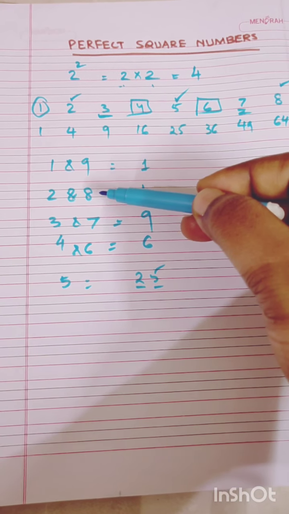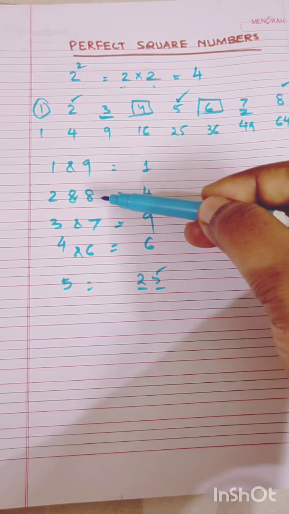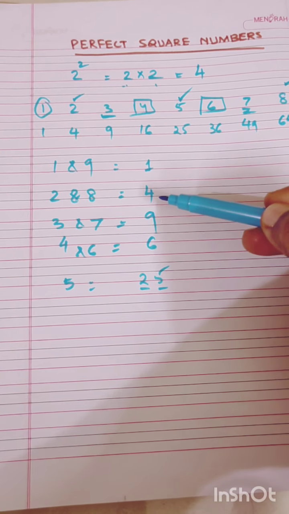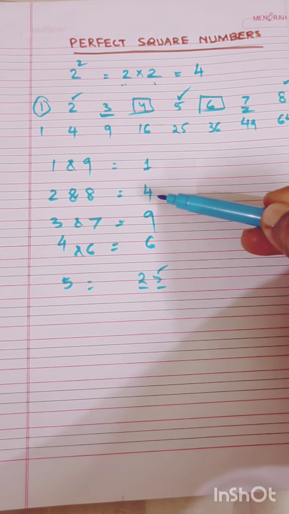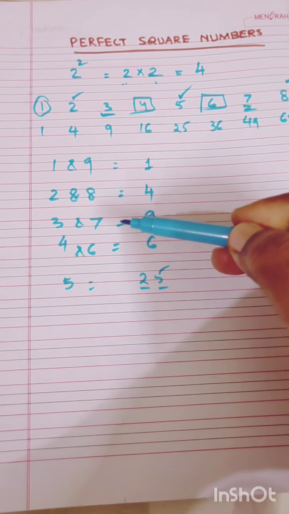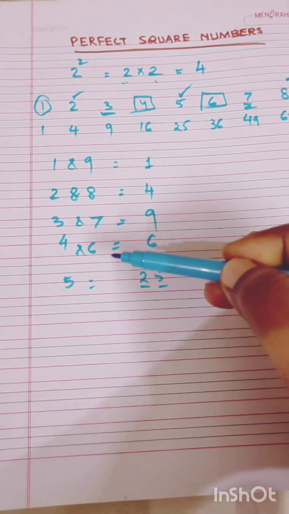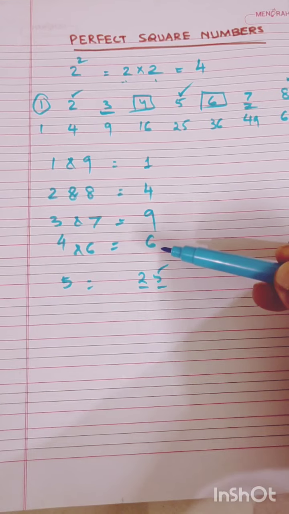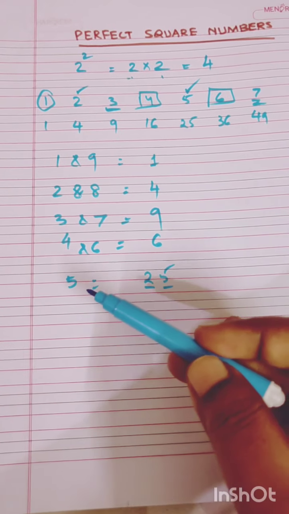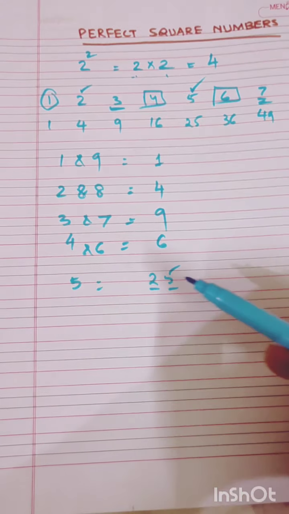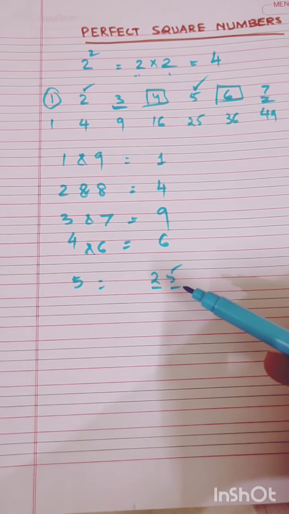Any number which ends with 2 and 8 will have a square whose units digit is 4. For 3 and 7 it's 9. For 4 and 6, the square will end with 6. And for 5, the square always ends with 25.